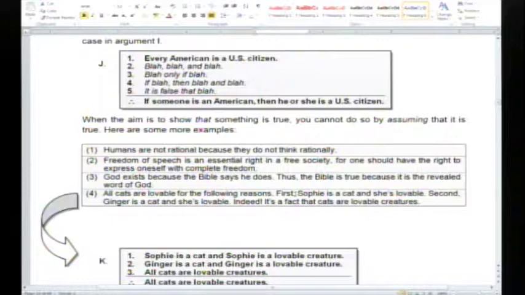More often than not, when begging the question occurs, it occurs because the premise is a restatement of the conclusion. It's a different sentence that asserts essentially the same thing. Every American is a U.S. citizen, blah, blah, blah. Therefore, if someone is an American, then he or she is a U.S. citizen. Two different sentences assert the same thing. Begging the question, always bad. All right.